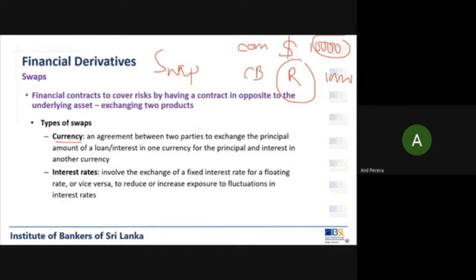Now, you may have seen in recent news, the central bank has taken currency swap facilities from China and from Bangladesh Bank. What does that mean? The central bank has taken some yuan loans or Bangladesh dollar loans, that is in dollars, and used that money by crediting rupees to their account. So they are getting some interest and earning from the rupees.